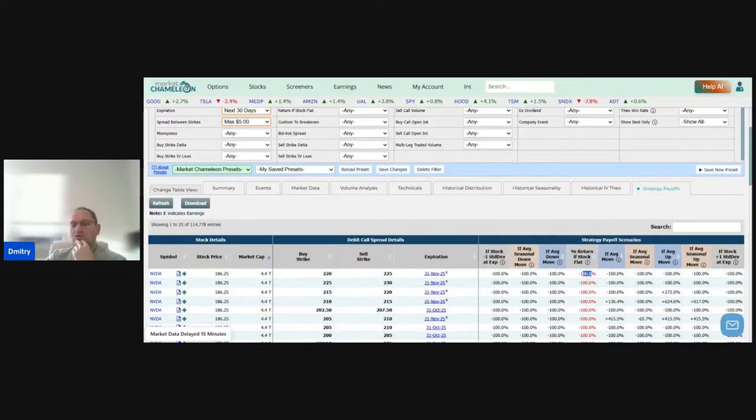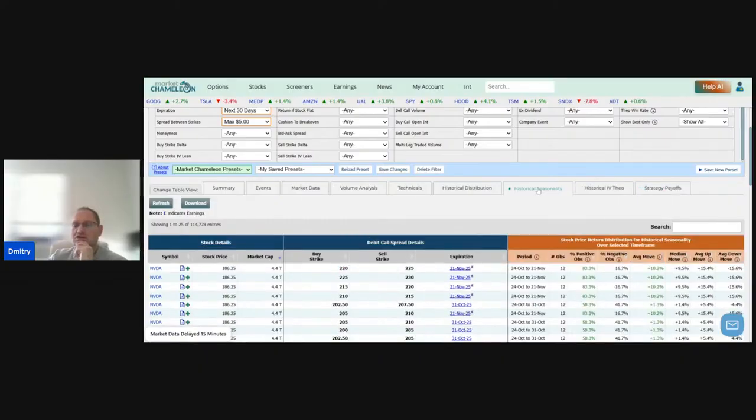One is, what does the stock usually move based on seasonality? If we looked at historical seasonality from today's date, November 21st, and looked at the average move up or the average move down, what would the payoff be? You still have 100% losses. If you wanted to see that, we could look over here at historical seasonality.